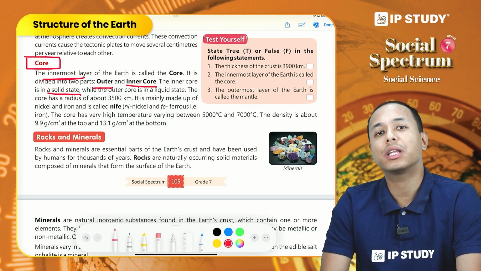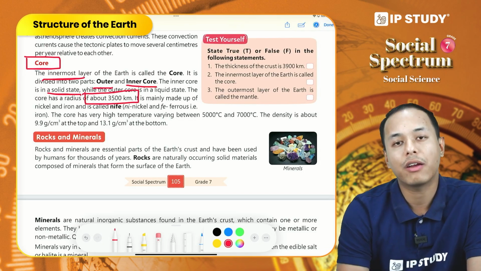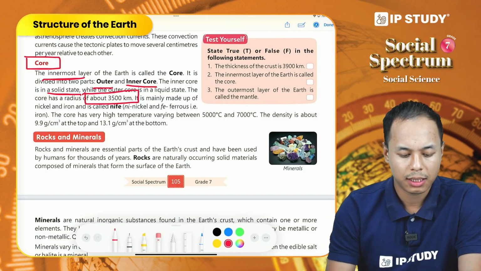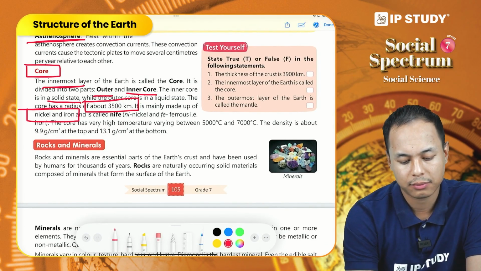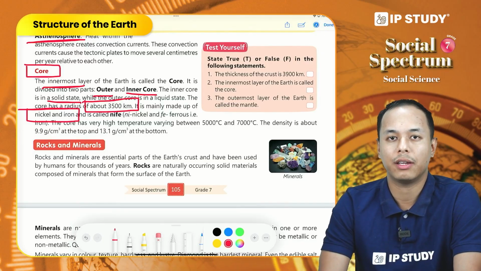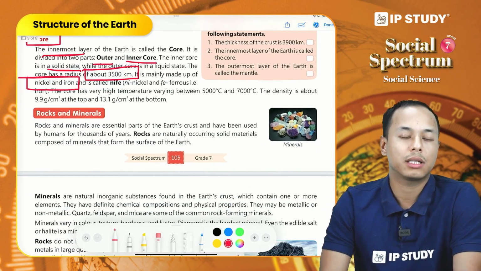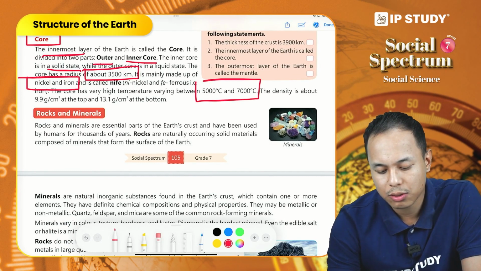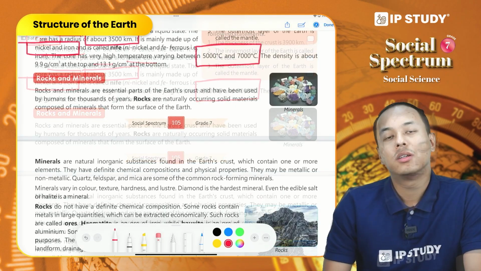And when we talk about the radius of the core, it is about 3500 km, and the primary materials that make up the core are nickel and iron, also called Ni and Fe. Okay, in this layer, the temperature ranges between 5000 degrees Celsius to 7000 degrees Celsius. So it is very hot.